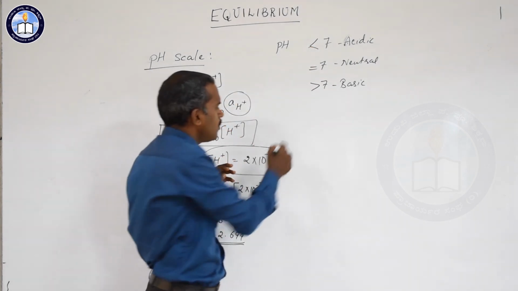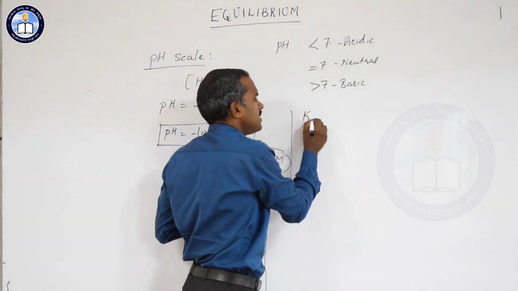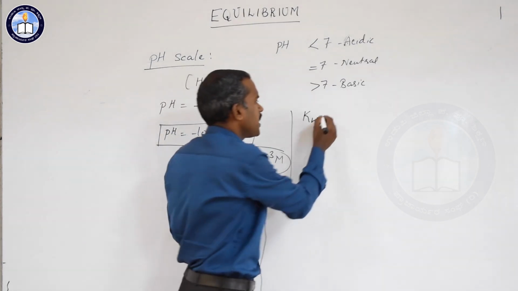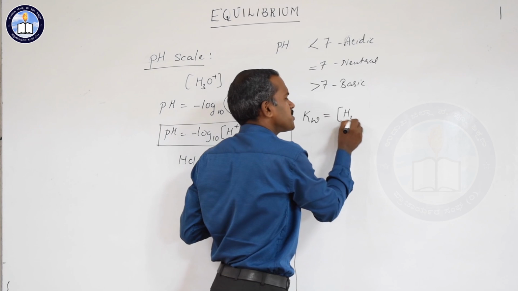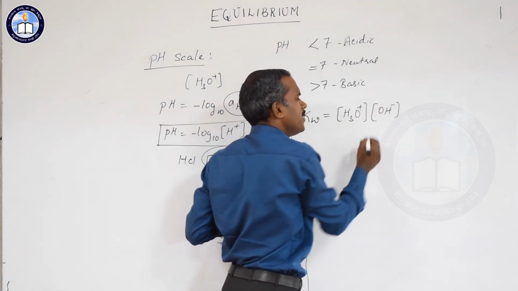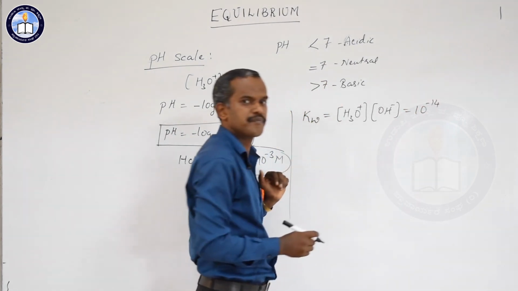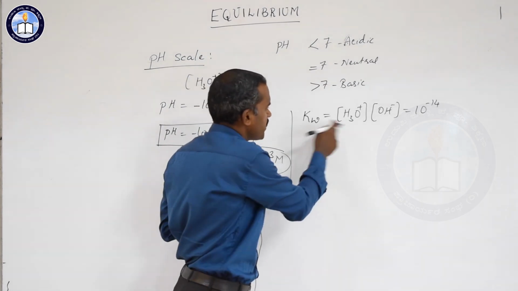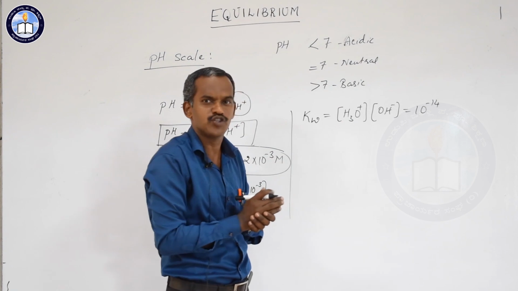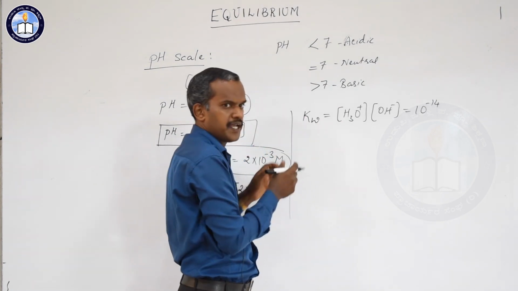Okay, so now you have to remember one more simple expression. We know that the ionization constant or ionic product of water, Kw, is equal to the concentration of hydronium ion into the concentration of hydroxyl ion, and that is equal to 10 to the power minus 14, we understood. Okay, so if you take the logarithm on both the sides, if you multiply with the minus log on both the sides, you can get pKw also.